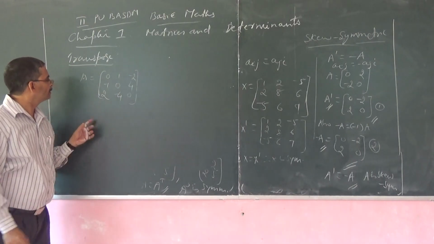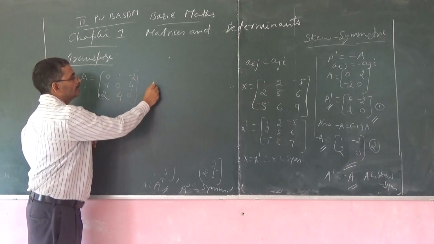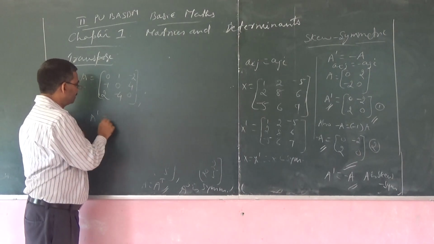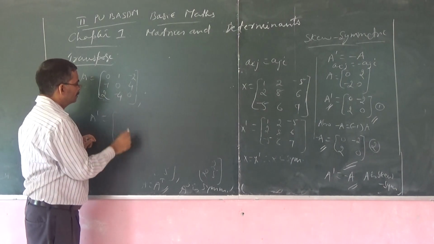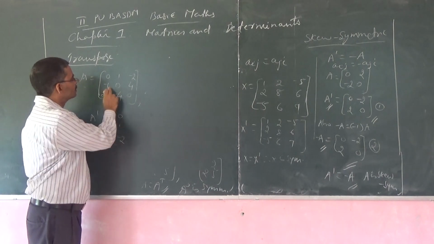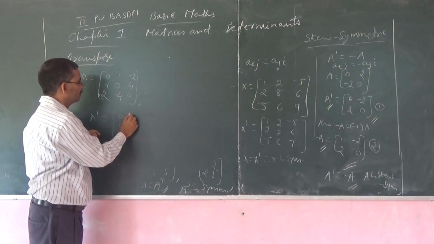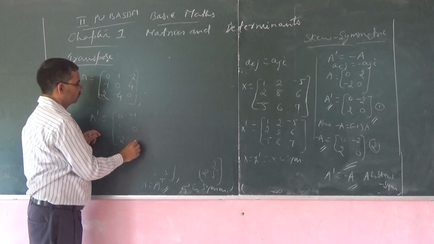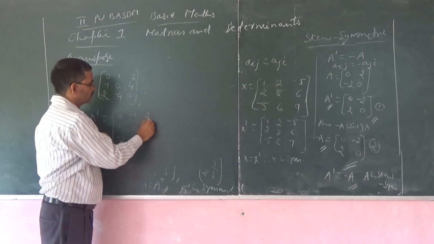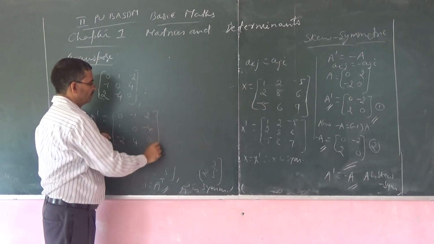Observe here. Now what is A dash? A transpose: first row, first column 0, 1, minus 2. Second row, second column minus 1, 0, 4. Third row, third column will be 2, minus 4, 0.